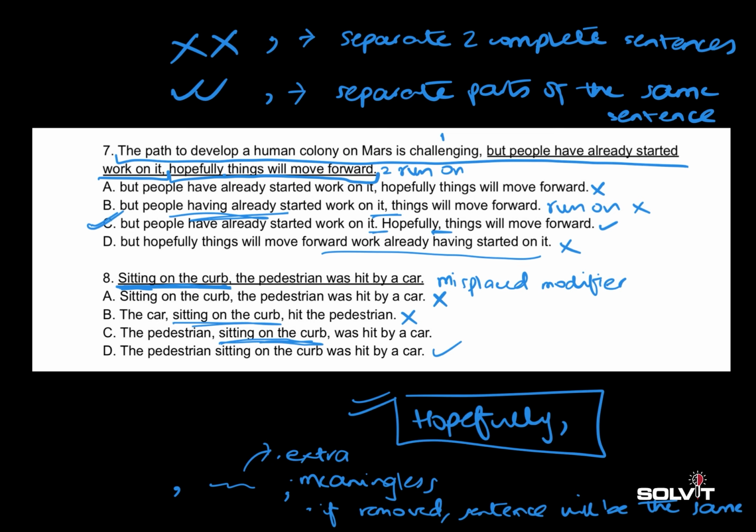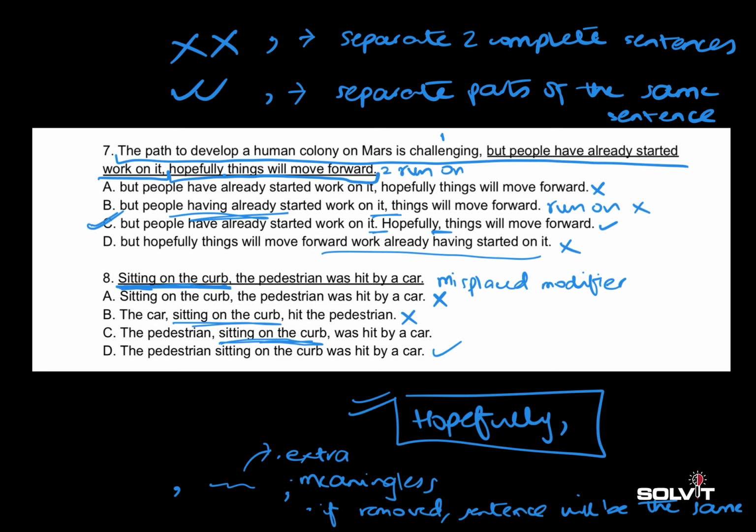Now, is that the case over here? Because we said in the beginning that sitting on the curb is our modifier. So clearly it's an important part of the sentence, right? The reader needs to know that the pedestrian was sitting on the curb and so he was hit by a car. But in option C, what is happening is that this information seems to be extra, right?